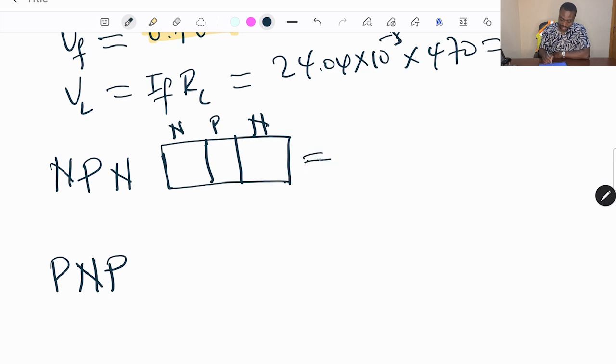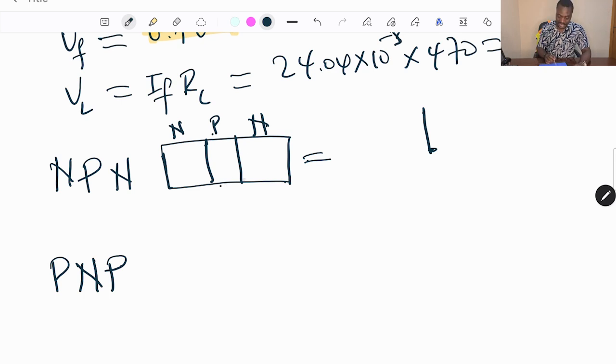Now, the two-diode equivalent of the NPN bipolar junction transistor is just looking at the two N regions that we have. You can see that here we have PN. So that PN here is going to be what? A diode. So NPN is just formed as a result of combining two PN junctions.